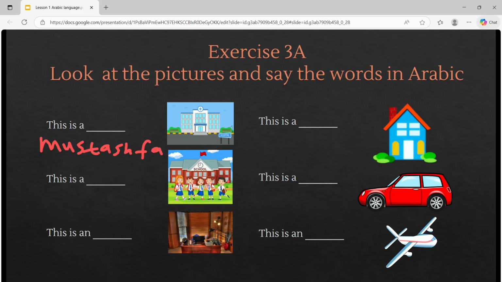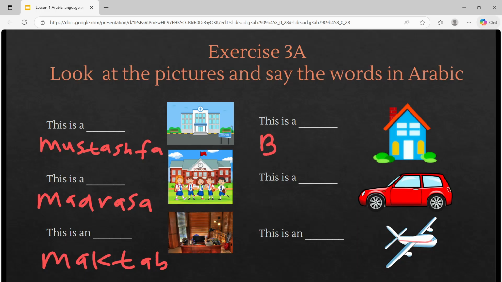This is a school. What does school mean in Arabic? Madrasa. This is an office. And what does that mean in Arabic? Office? Maktab. There you go. All right. This is a house, obviously, in English. What about Arabic? Bait.